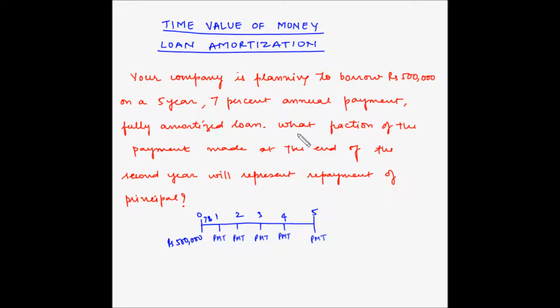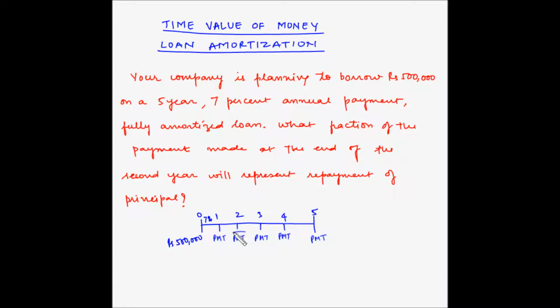Now we are being asked what fraction of the payment made at the end of the second year. Of course I have taken these payments towards the end of each year. The first payment is made at the end of the first year, the second payment at the end of the second year, and so on.